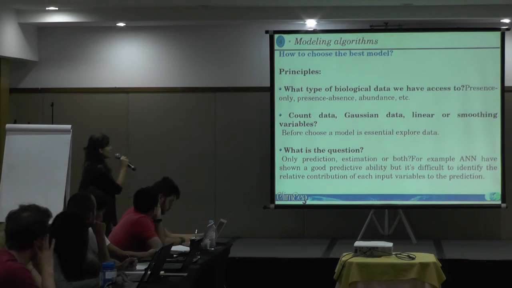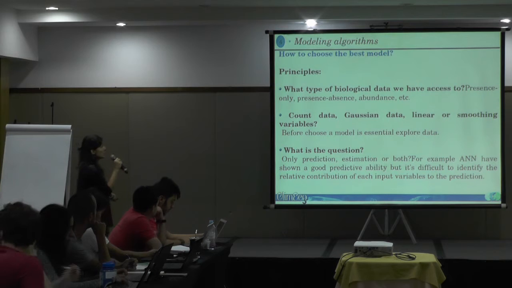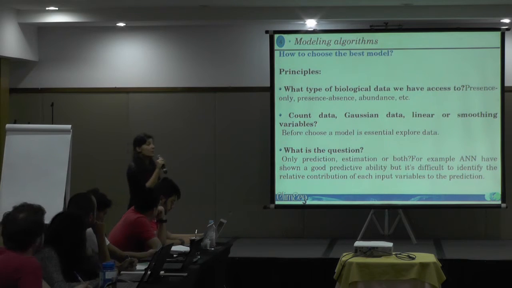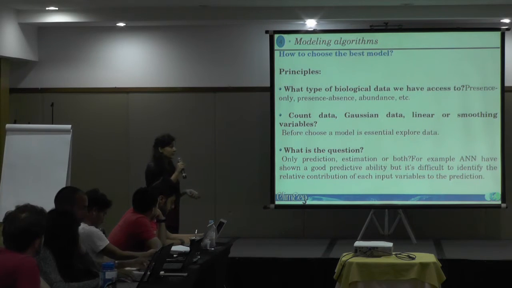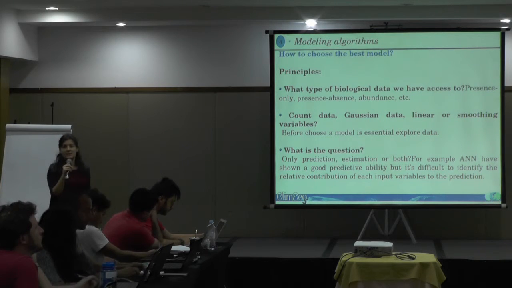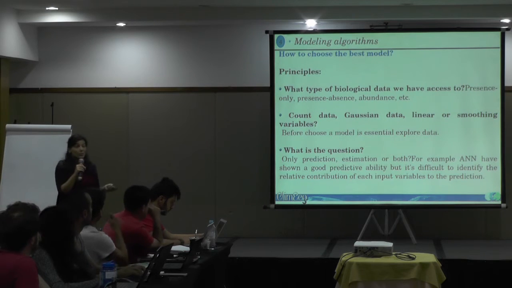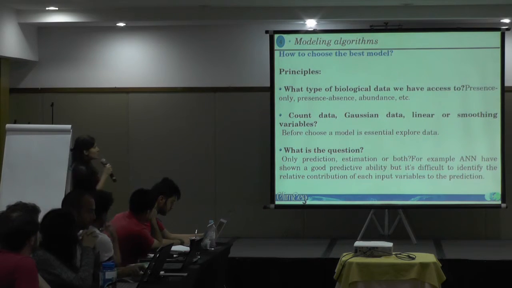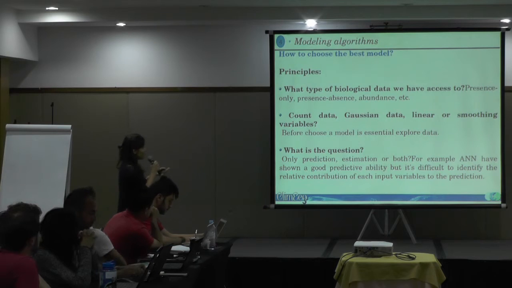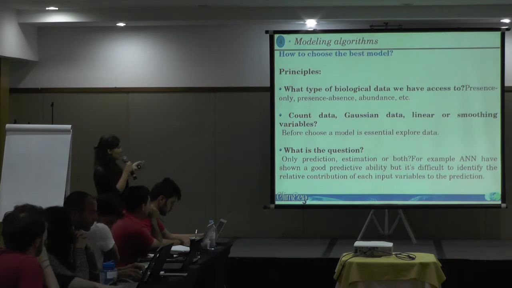When you have to choose the model, you have to pay attention to different things. For example, it depends a lot on the data that you have. It is not right to say, I'm going to use a generative model, and you don't explore your data, so you don't know what you have. So first you do an exploration, to see if you have presence-only data, presence-absence data or abundance.